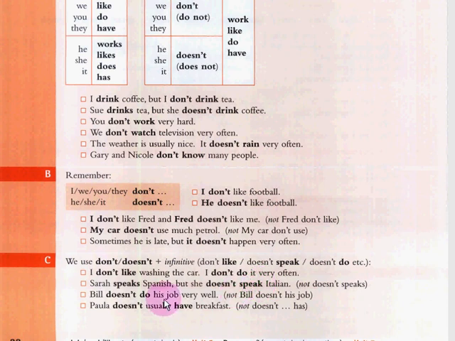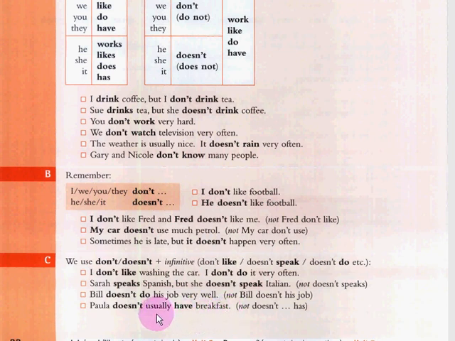Next, Bill doesn't do his job very well. You don't say Bill doesn't his job. That is wrong. For the last sentence you have, Paula doesn't usually have breakfast. I hope you still remember our lesson in Unit 5 about the use of these words. Do you remember?